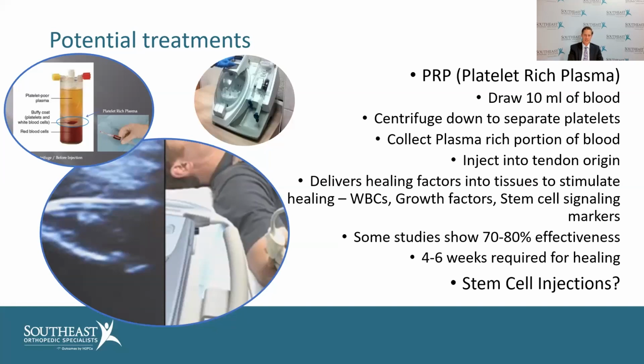And they're similar, but basically the concept is draw some blood, spin that down in the centrifuge, and you take the plasma portion, which is this kind of golden portion over on the left-hand side of the screen, and inject that into the area. And we think it works in a couple of ways.